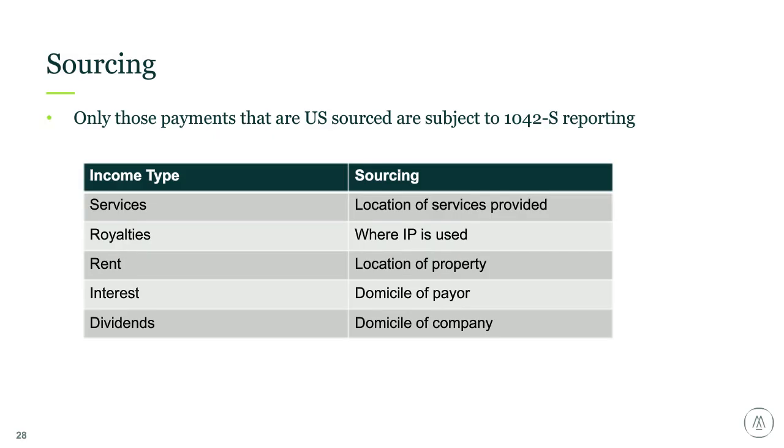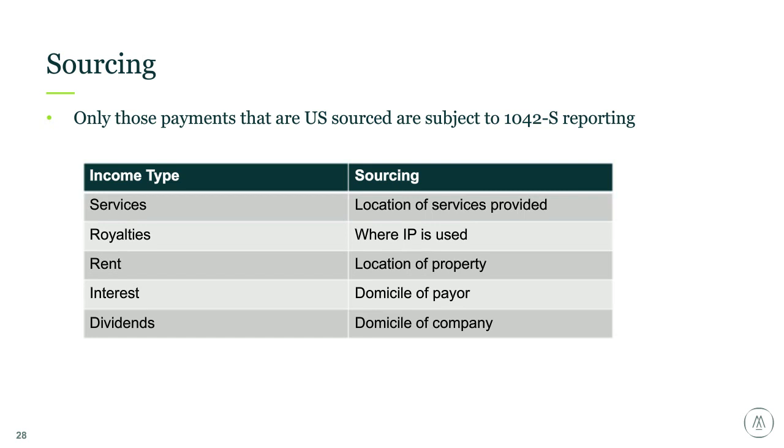All right, so sourcing is really important. So 1099 reporting, we don't care about sourcing. All of its worldwide income is reportable on a 1099, but for 1042-S reporting, sourcing is critical. So you're only reporting U.S. source FDAP income, and so knowing the sourcing rules is very important. So as for services, I mentioned before, location of services provided, physical presence is necessary. For royalties, it's where the IP is used.